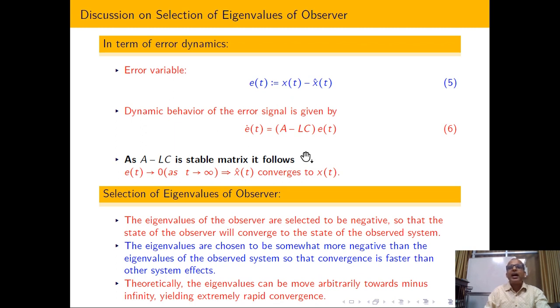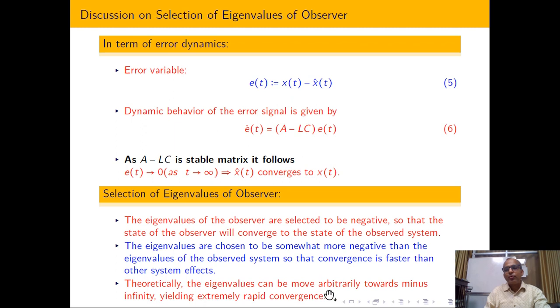Due to that I always have a restriction, but in this particular lecture you can assume that my system is perfect, so I can select any value of L, and due to that I have written these three remarks. So theoretically the eigenvalues can be moved arbitrarily towards minus infinity, yielding extremely rapid convergence.